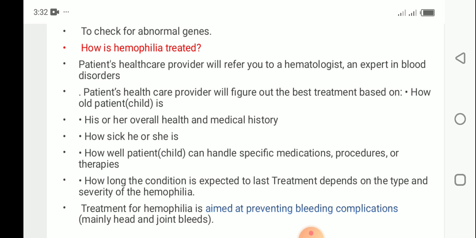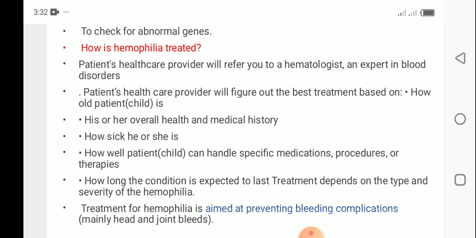Coming to the treatment, first we have to identify whether it is hemophilia or not, and how long the patient has been bleeding, when he had the first bleed. After that the patient is referred to the hematologist to identify the exact cause and diagnosis.